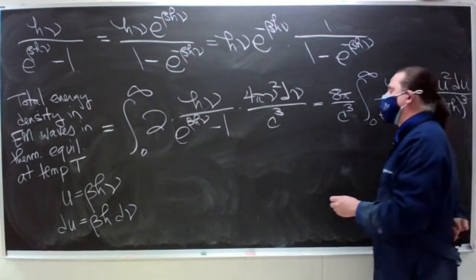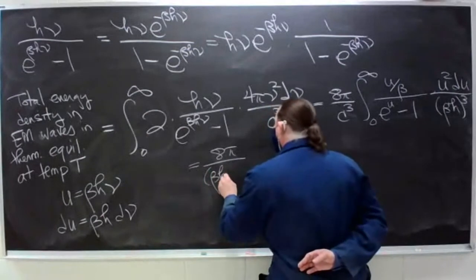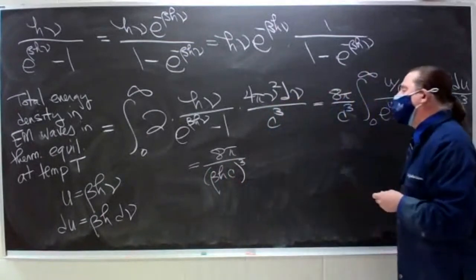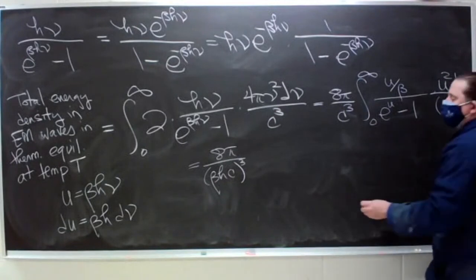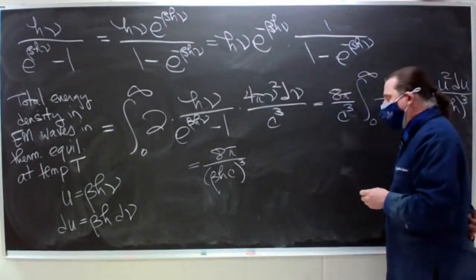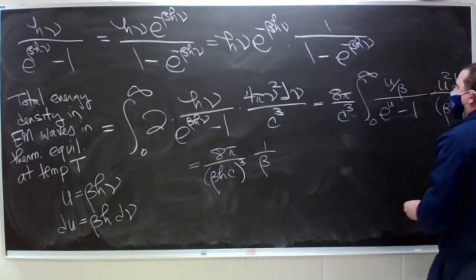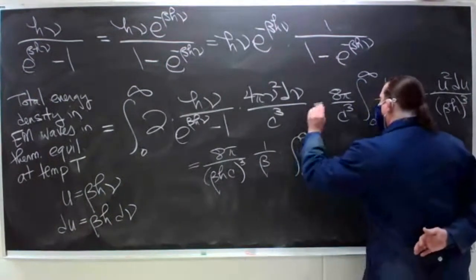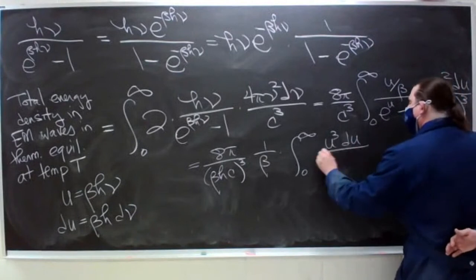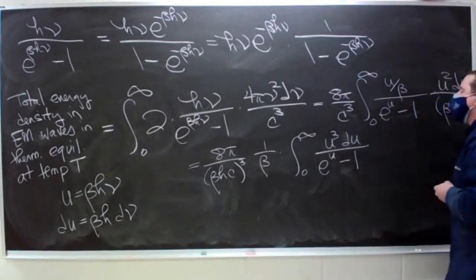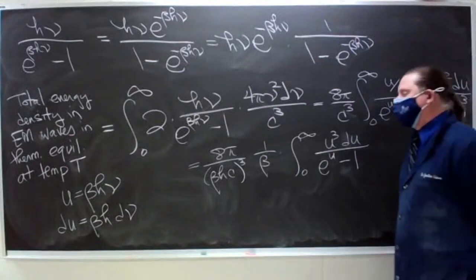So this gives us eight pi divided by beta hc cubed, 1 over beta. And then the remaining integral is u cubed du divided by e to the u minus 1.